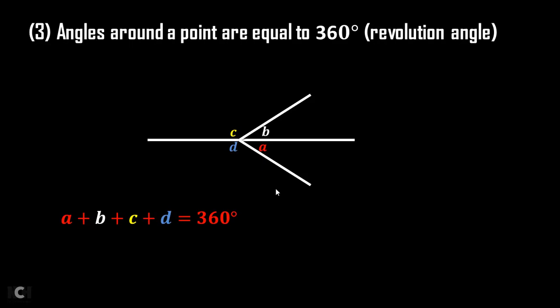So that is the statement. Now what is the reason for this? We're going to have angles around a point, or you can use another reason, angles in revolution. So those are the two short and acceptable reasons you can use when you are answering your questions.